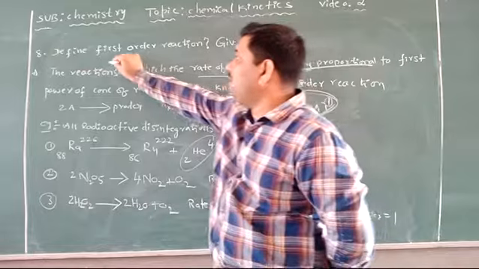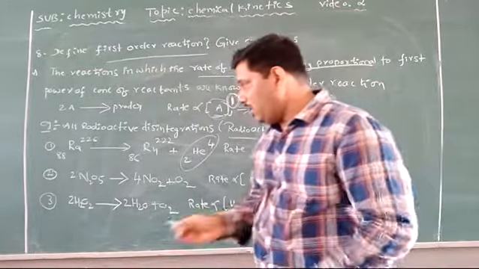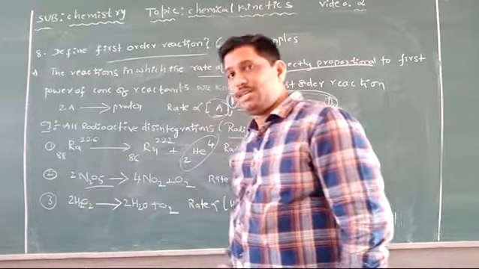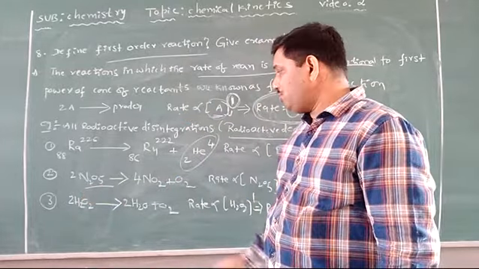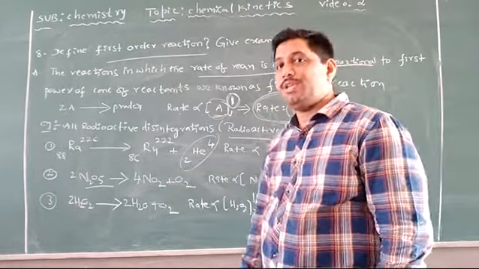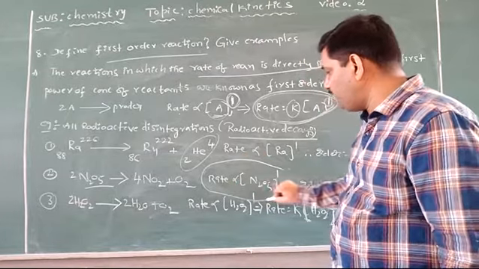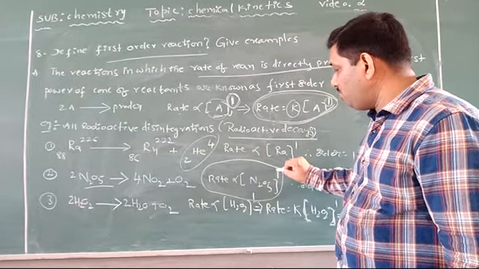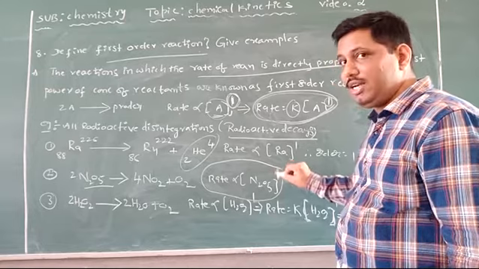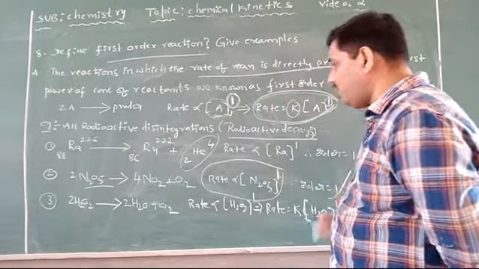All come under first order reaction. Next one, student. Decomposition of N2O5 to form nitrogen dioxide and oxygen. Here, the rate of the reaction is directly proportional to the first power of concentration of reactant, hence that is known as first order reaction. Therefore, order is equal to 1.